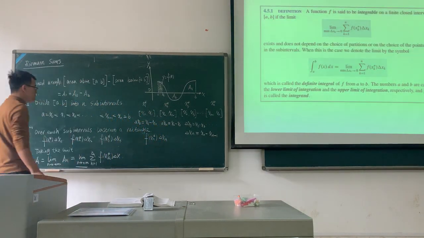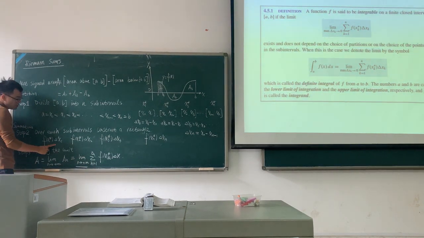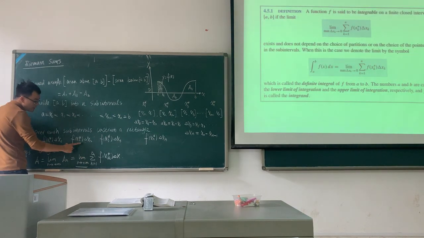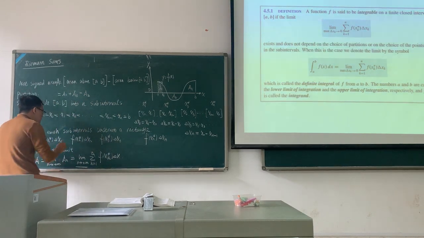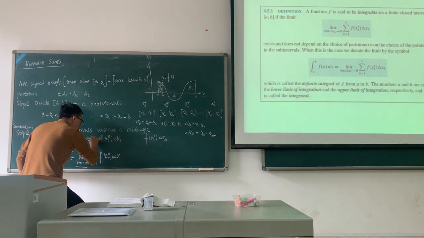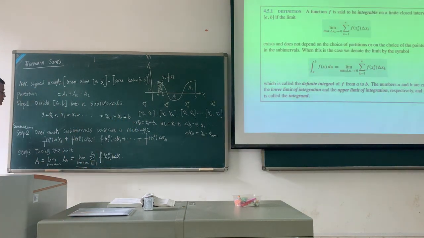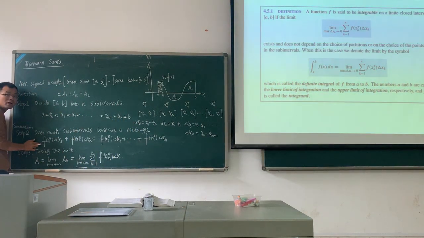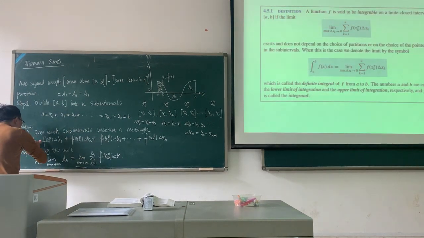Now we sum the areas of the first rectangle, the second, the third, and the last one. This is the total area of the n rectangles, and we denote it by An.